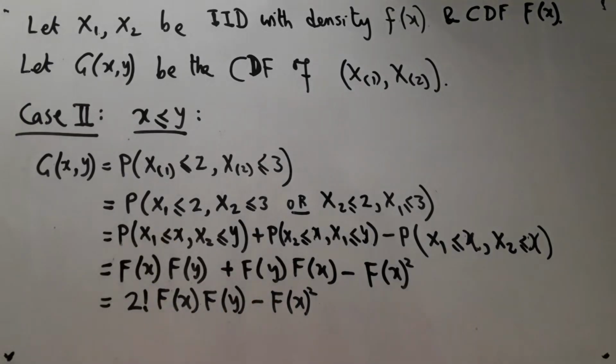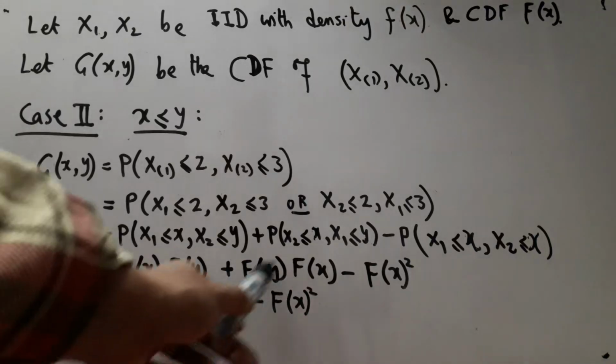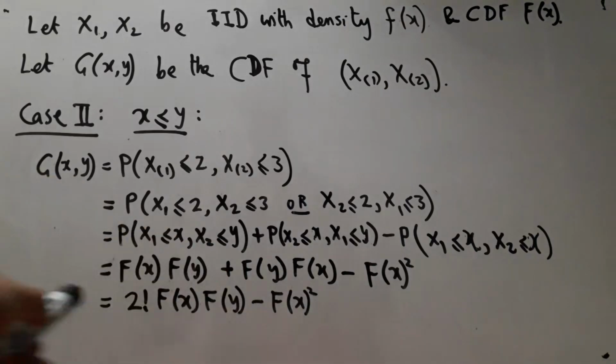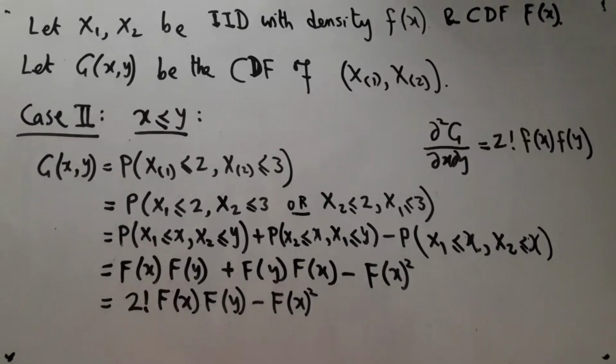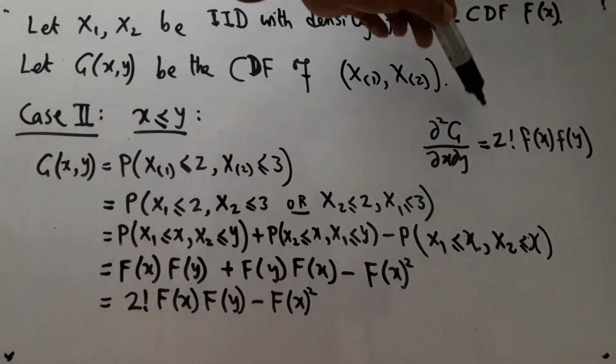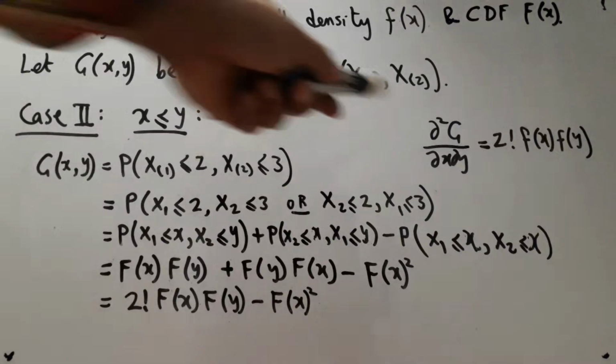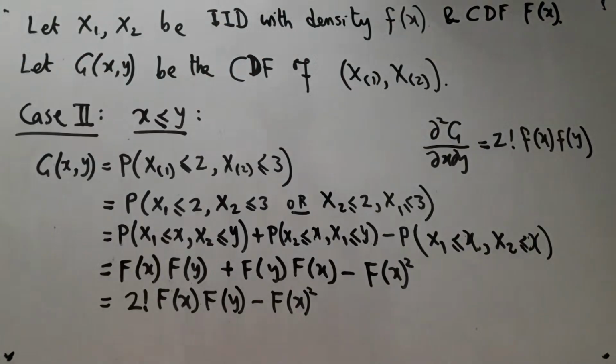Now what we want to do is take the mixed partial of this with respect to both x and y. Observe that this term is going to die because it does not have any y, and this term, when partially differentiated with respect to x and y, will give rise to 2 factorial times little f(x) times little f(y). And again, it is quite easy to generalize for n things.